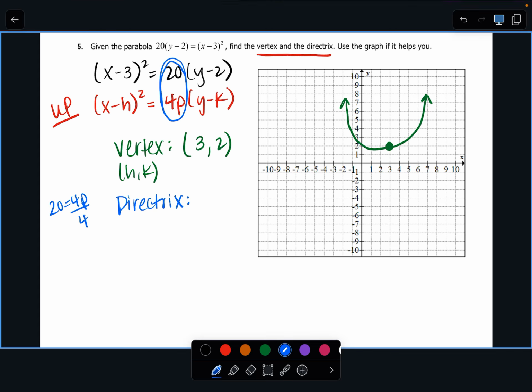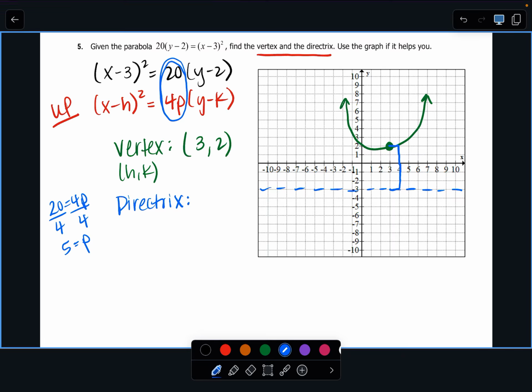If I divide both sides by 4, that tells me p has to be 5. To find where the directrix is, remember it's always outside. So I'm going to count 1, 2, 3, 4, 5. This is the line where the directrix ends up.